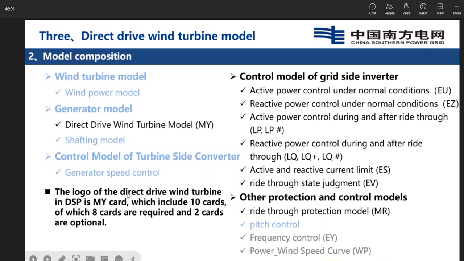The logo of the direct drive wind turbine in the DSP is the MY card. If I see the first line of the devices is the MY card, I know it is a direct drive wind turbine.